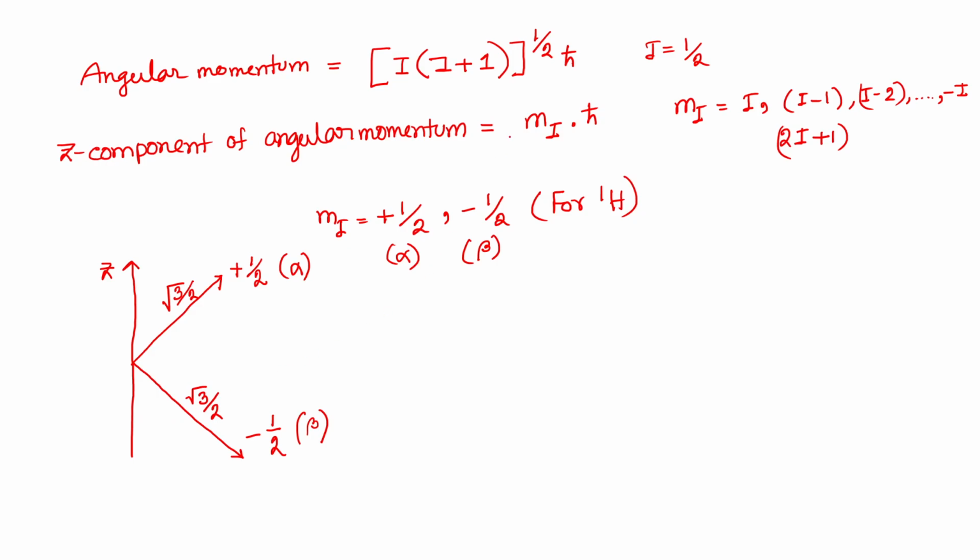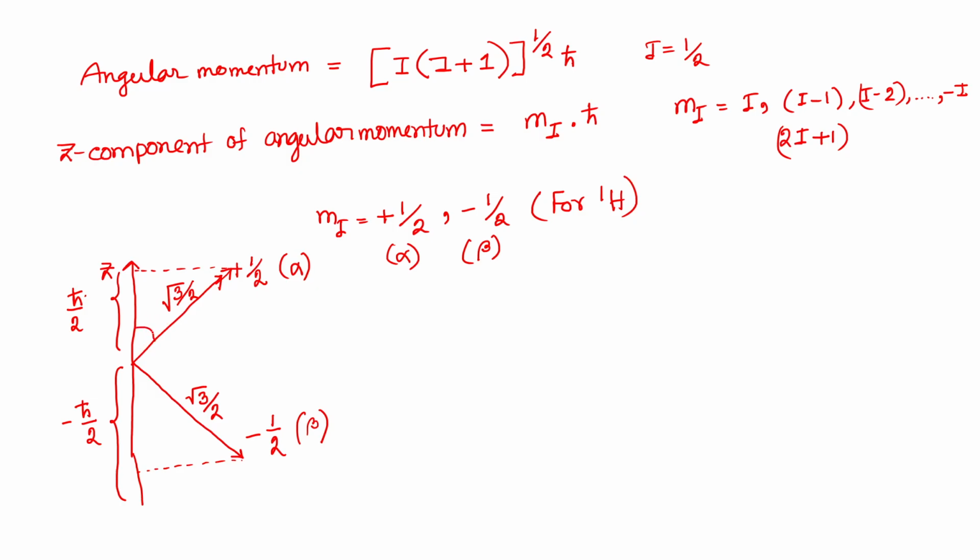But you can distinguish it by the z component. If I can draw it for you, it's not to scale, but think of it this way: this is going to be half h-cut and this is minus h-cut by 2. So they have different angles with respect to z, and due to that they have different values.